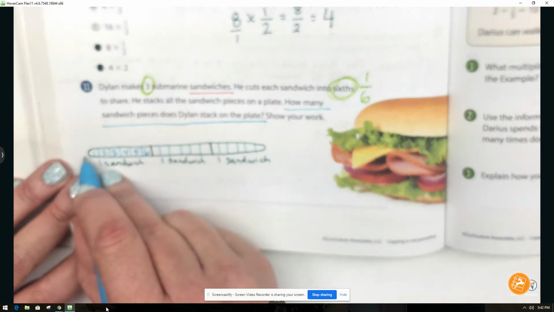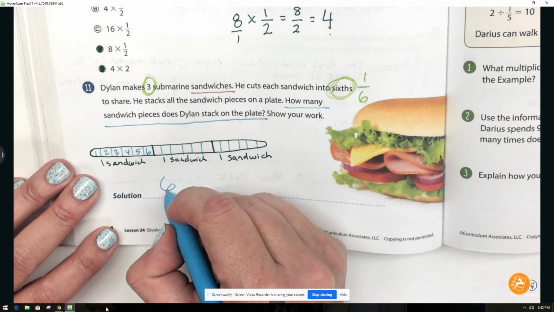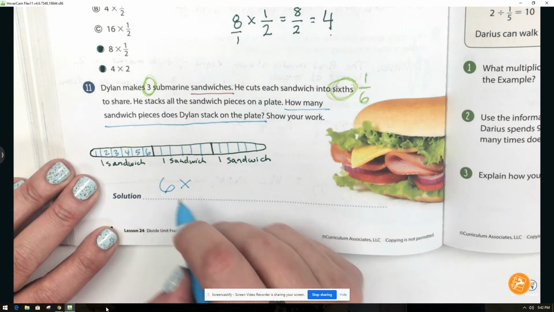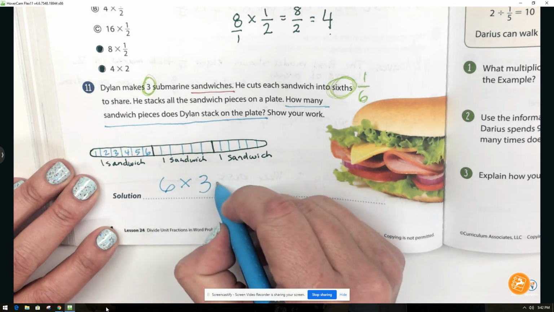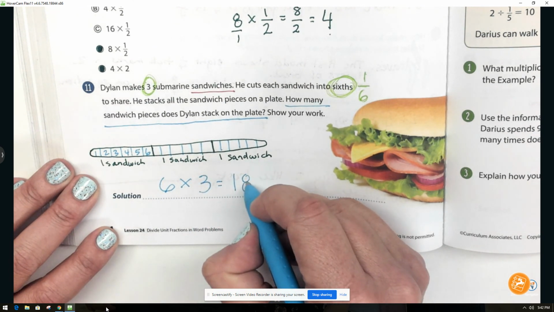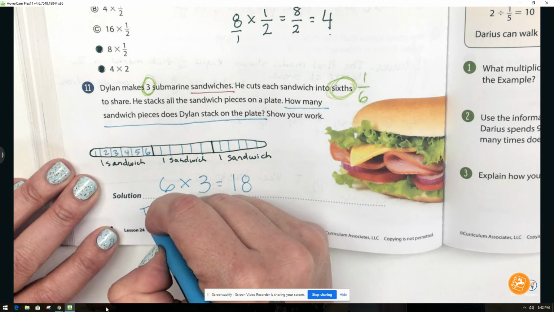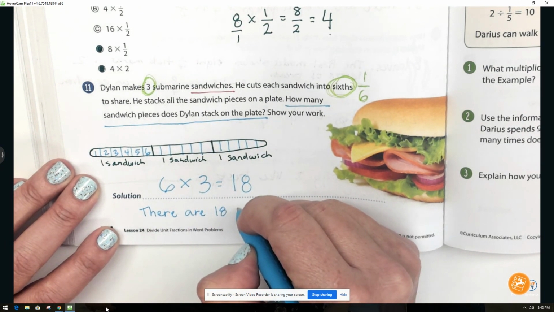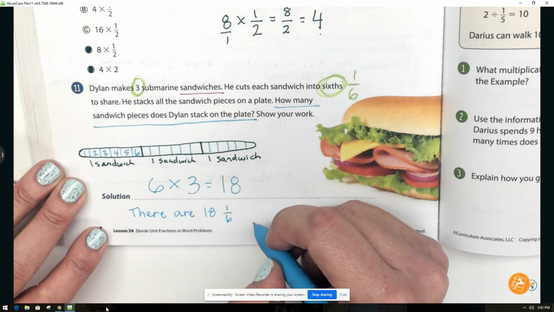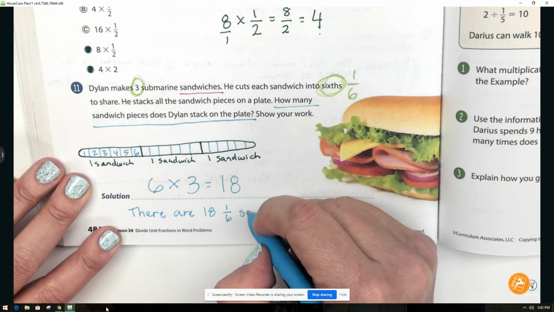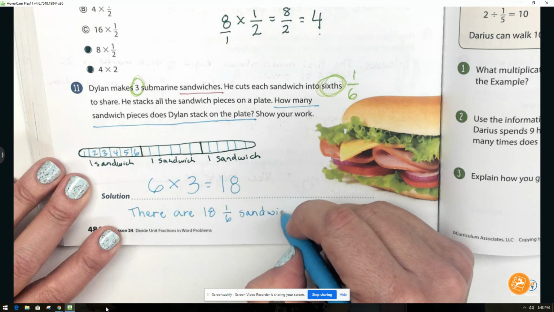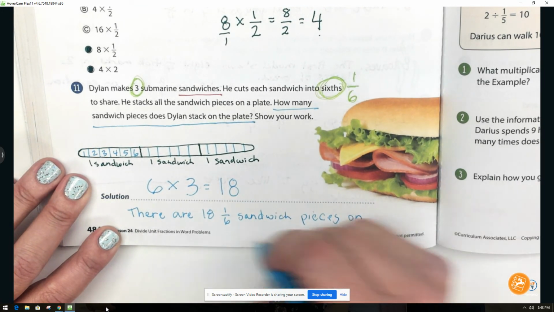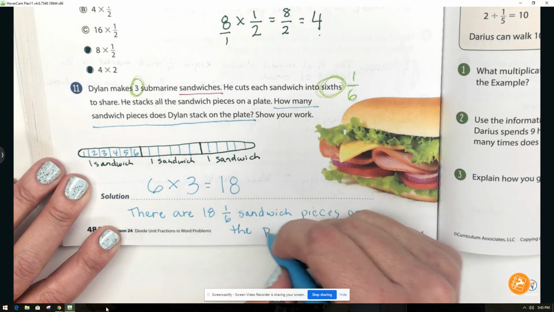So I can see that I have 6 parts in one sandwich, and I'm going to multiply it by the number of sandwiches I have, which is 3, to get 18. So there are 18 1/6 sandwich pieces on the plate.